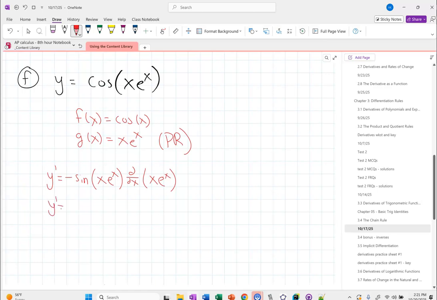Plus, that's going to be my product rule. So I'm going to have x times the derivative of e to the x plus e to the x times the derivative of x.